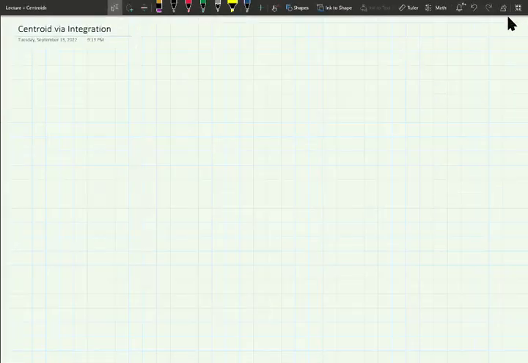Okay, so centroid by integration. Just so that everybody is aware of it, we're going to do a triangle, and when we get done, this will actually just prove out a triangle for you.